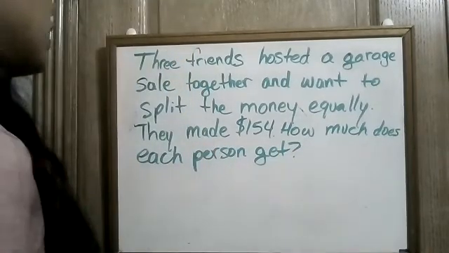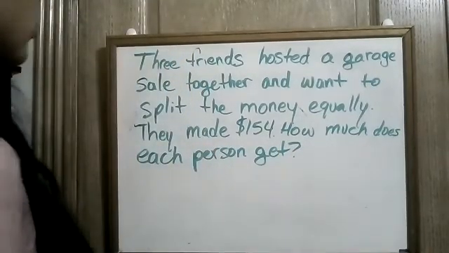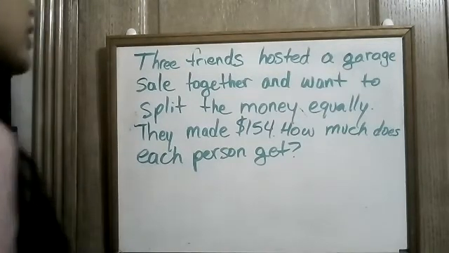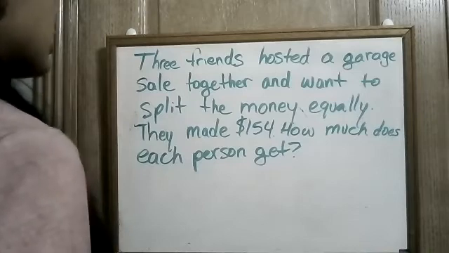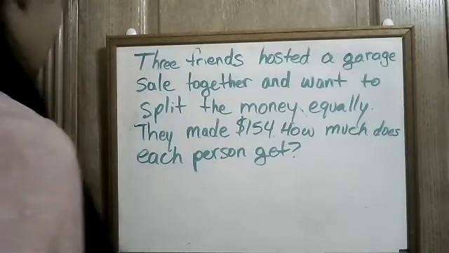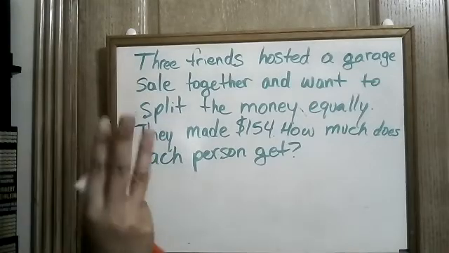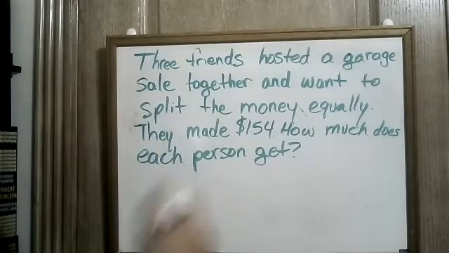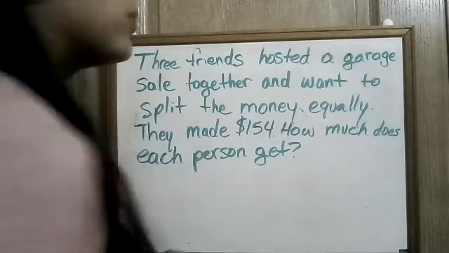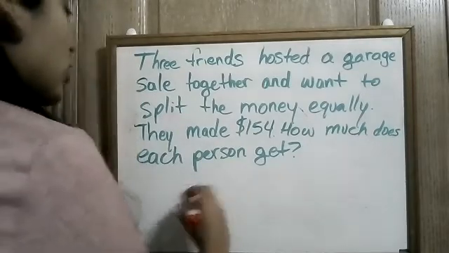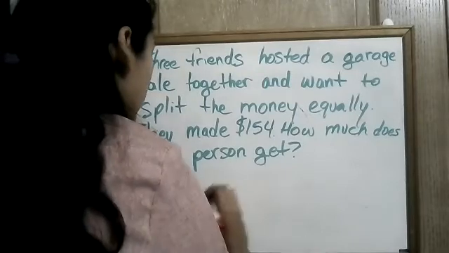Okay, so 3 friends hosted a garage sale together and want to split the money equally. They made $154. How much does each person get? So we know that there's 3 people and there's $154. We don't cut people in half or in any parts. So the people are the ones dividing.